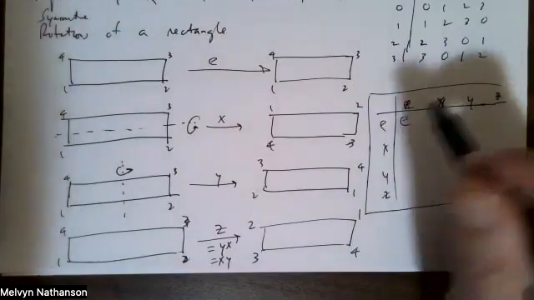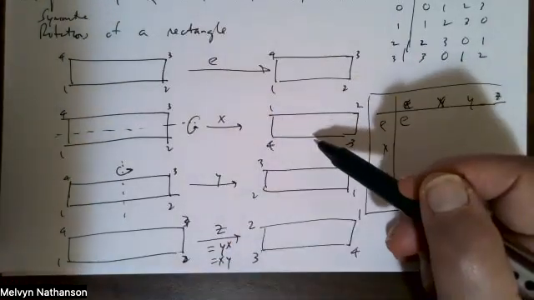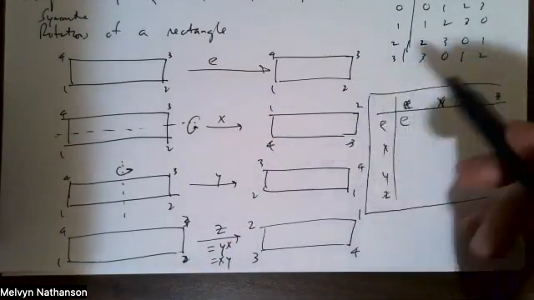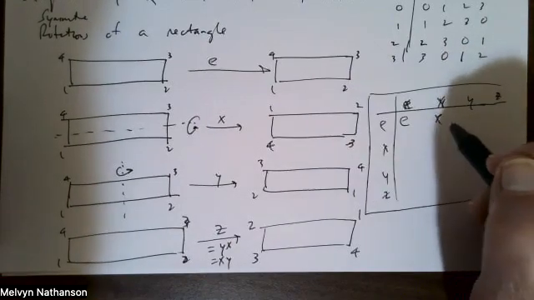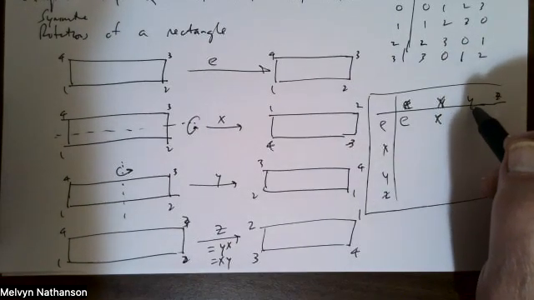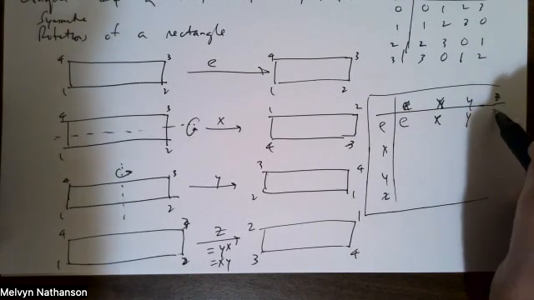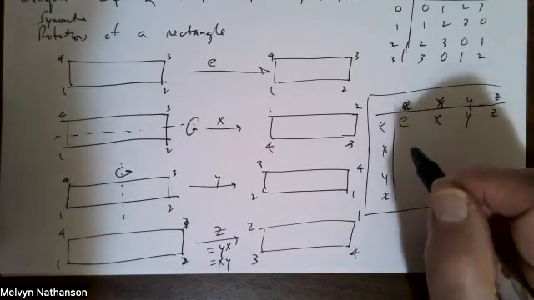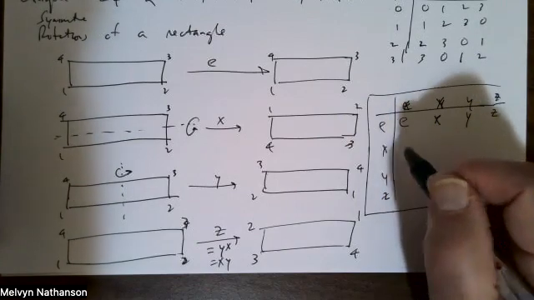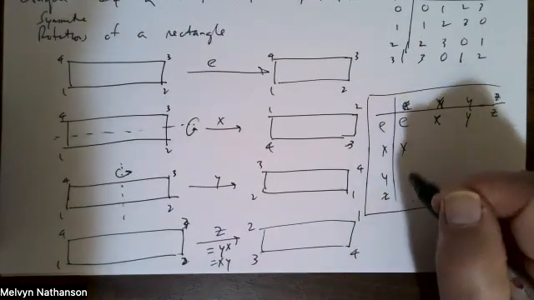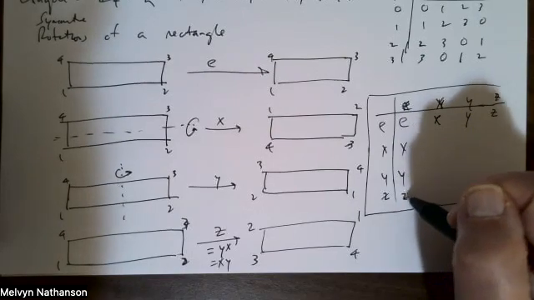So E followed by X means you flip horizontally and then don't do anything else. That's still X. Or if you flip vertically and don't do anything else, that's Y. Or if you do the Z operation and then leave it fixed, that's Z. E is the identity, so XE is X, YE is Y, ZE is Z.